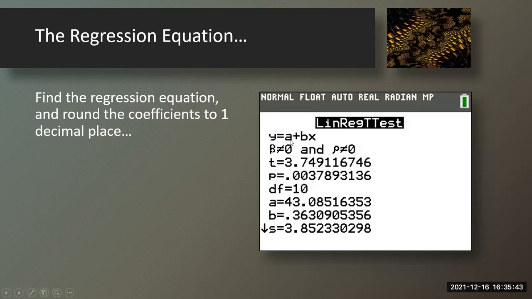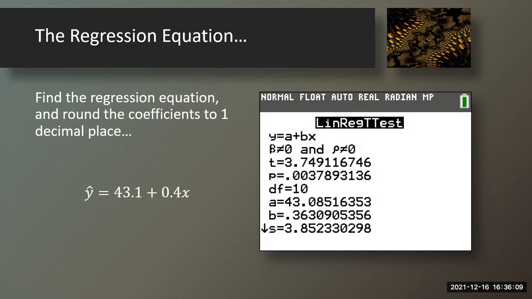It's important to remember that the format here is different than the y equals mx plus b that I am sure you remember from your algebra course. So the y-intercept is 43.1. My slope b is 0.4x. So there's the regression equation.